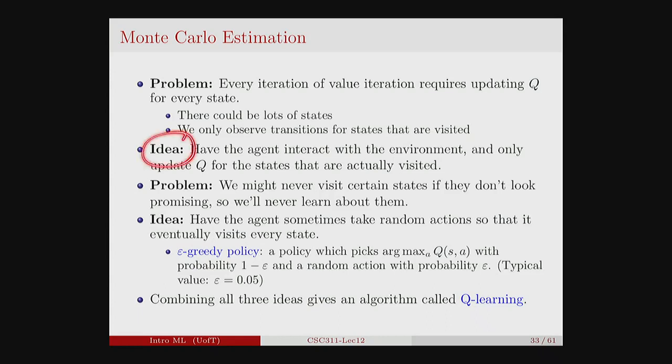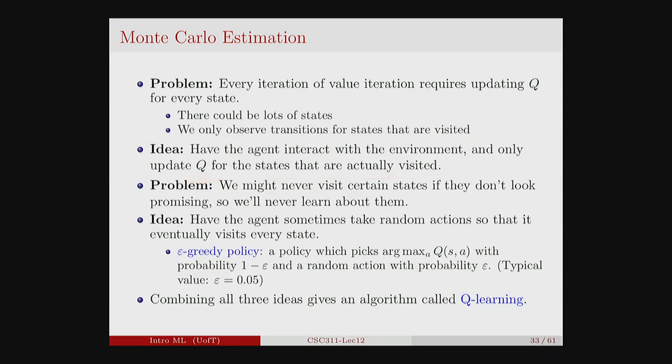And so the idea when training an agent in the context of this approach called Q learning is to have the agent interact with the environment. The idea that an agent can interact with the environment is one of the fundamental ways by which RL differs from supervised learning, either through the form of knowing the dynamics closed form or through one-off interactions. But we're going to have the agent interact with the environment and only update Q for the states that are actually visited.